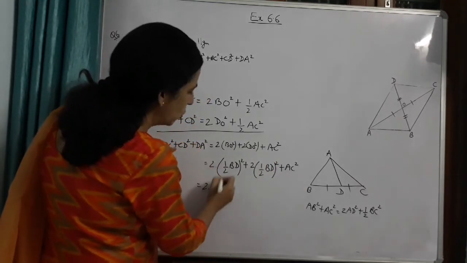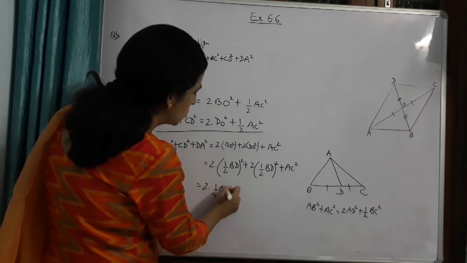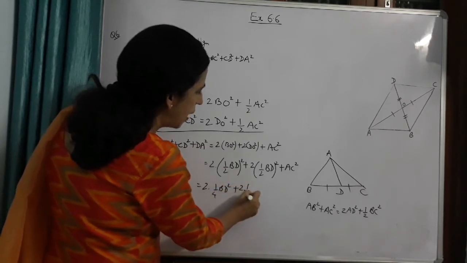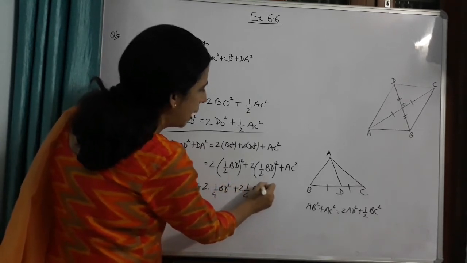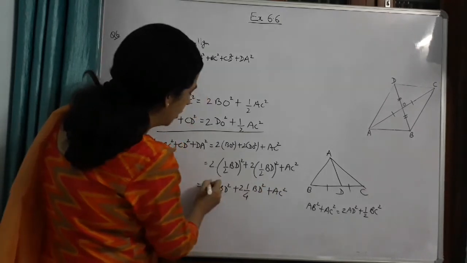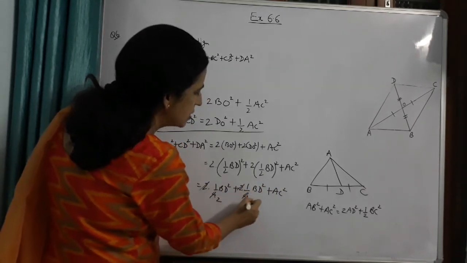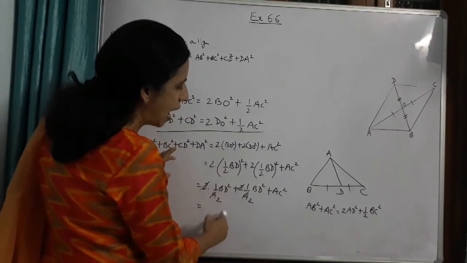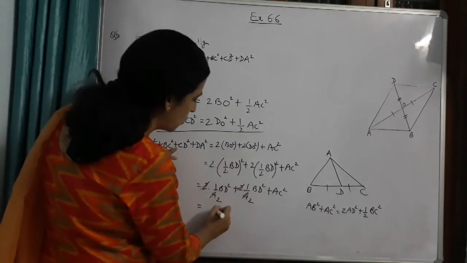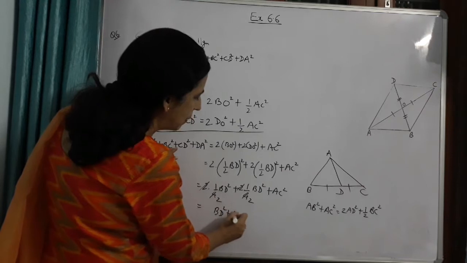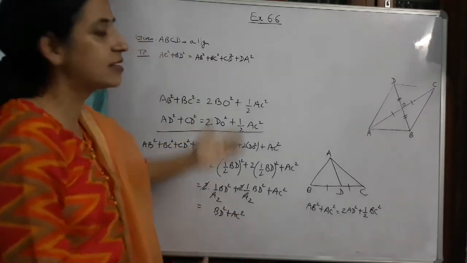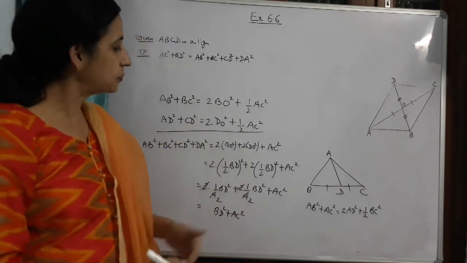So this becomes 2 into 1 by 4 BD square plus 2 into 1 by 4 BD square plus AC square. So we obtain half BD square plus half BD square, which is BD square plus AC square. And this is what we had to prove.